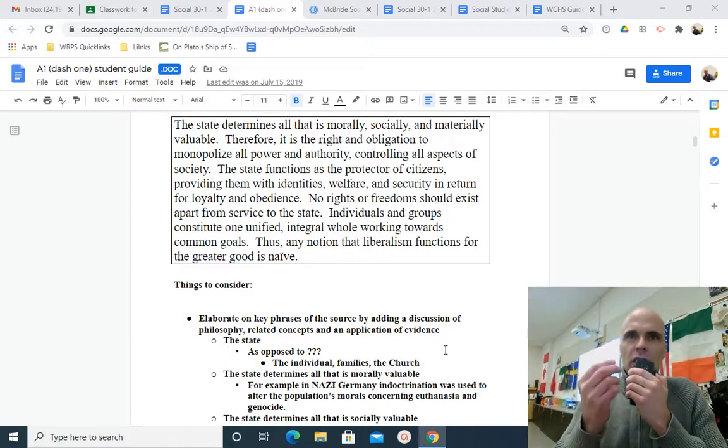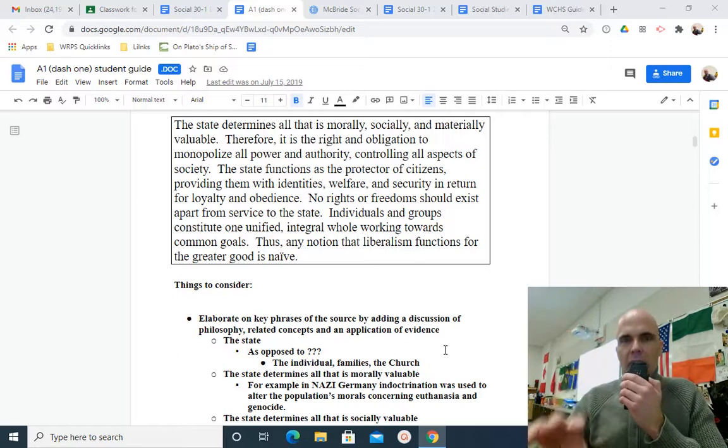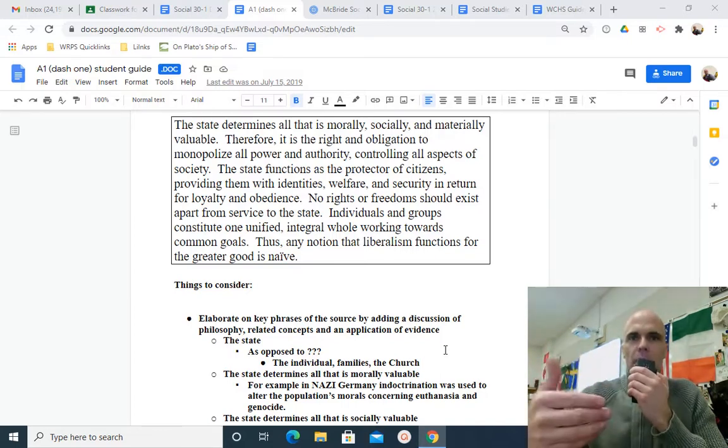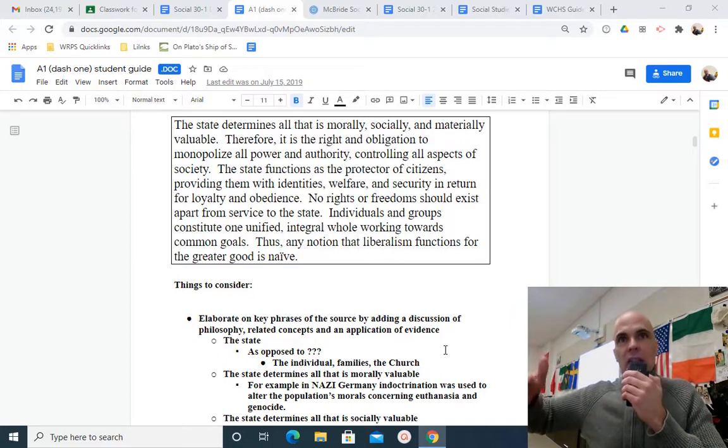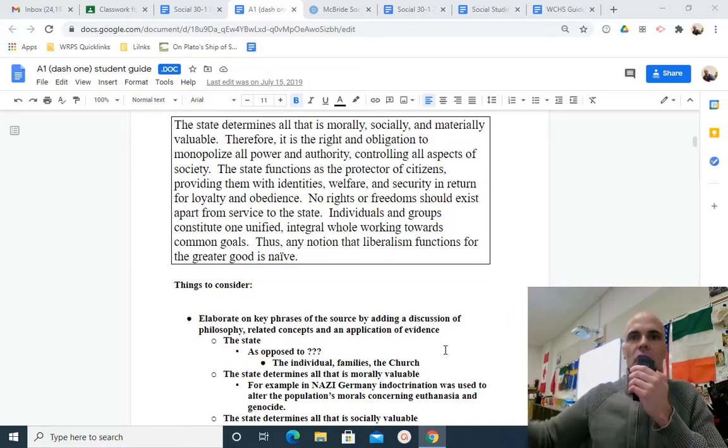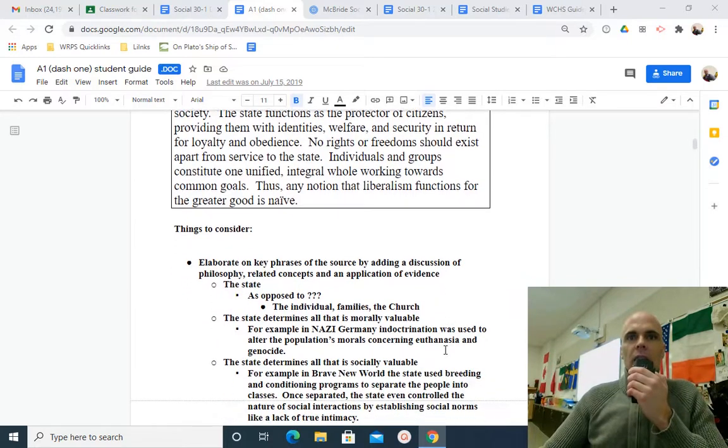So we can break down the language to find a perspective. But as we break the language down to find a perspective, we're also offering evidence to further that perspective. So when it says the state, we can assume that they are rejecting an individual shaped society or a family centered society or a church centered society.